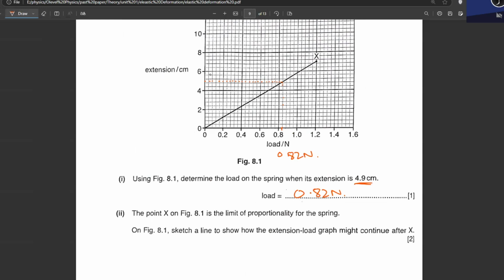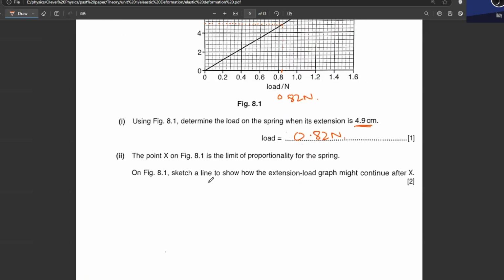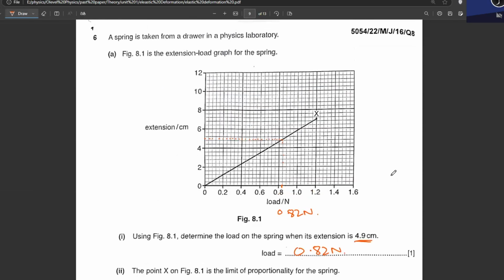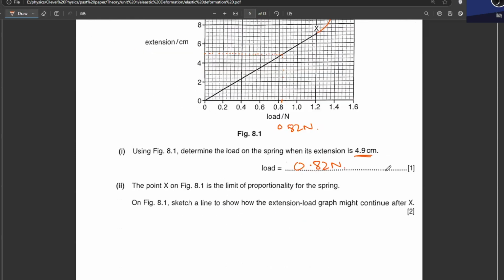The point X on figure 8.1 shows the limit of proportionality. On figure 8.1, sketch a line to show how the extension load graph might continue after point X. So the extension load graph will bend towards the extension axis, somewhat like this. Let me draw it correctly. The graph will start to bend towards the extension axis.